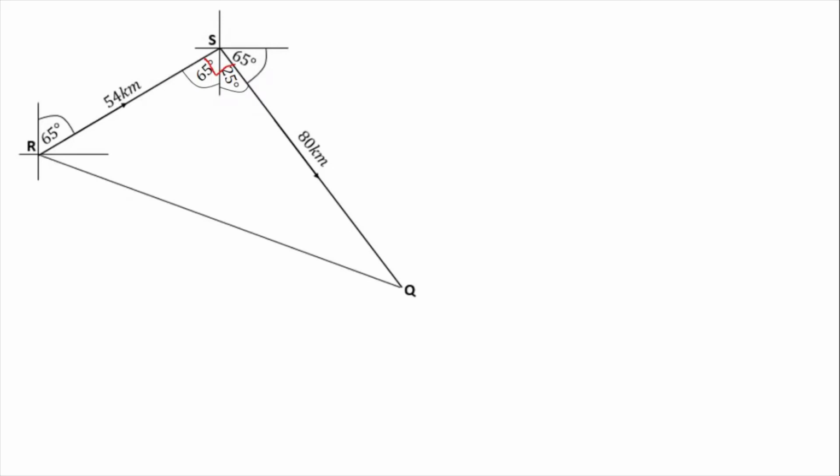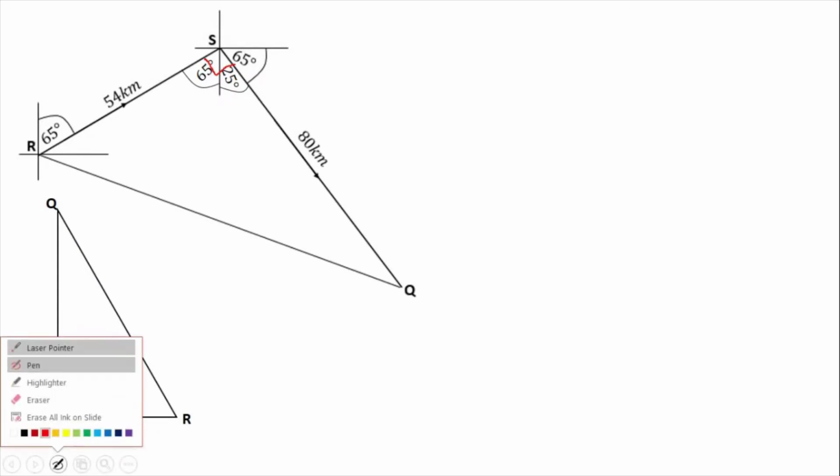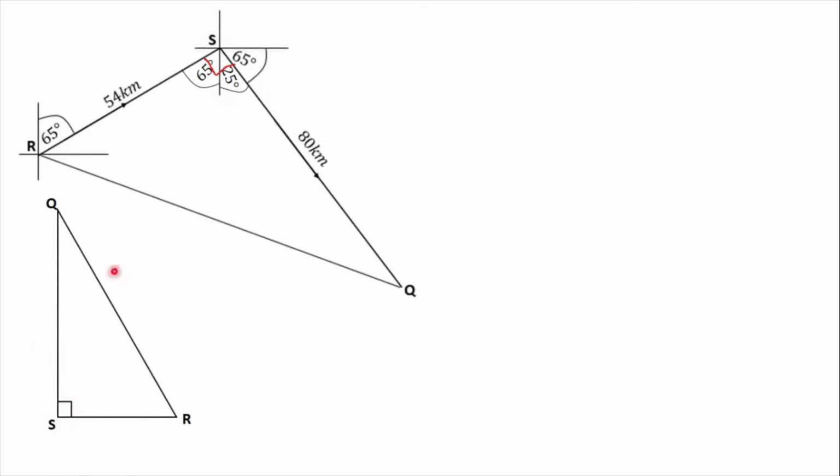So from here, I'm going to draw a small right-angled triangle that I'll be using for my calculations. Now on this small right-angled triangle, because it has the right angle on it, I'm going to indicate that in the diagram. So this point here, point S, has the right angle on it. So point S with the right angle, as can be seen here.